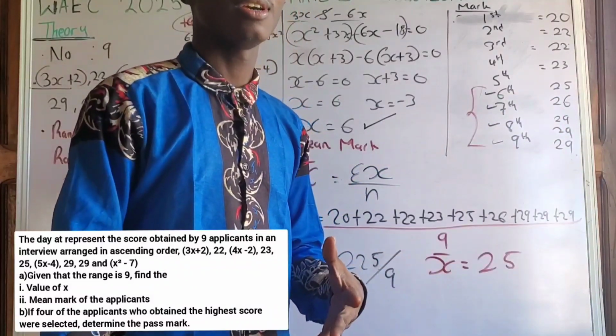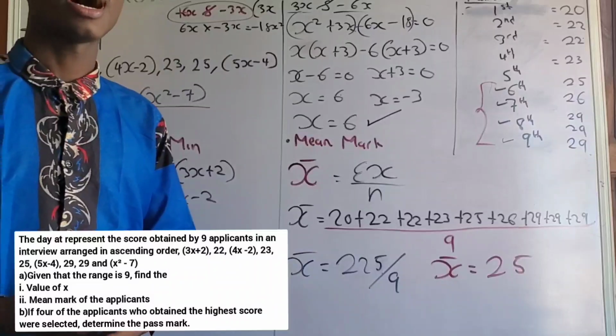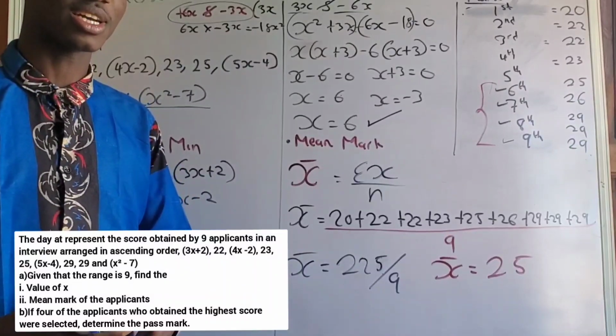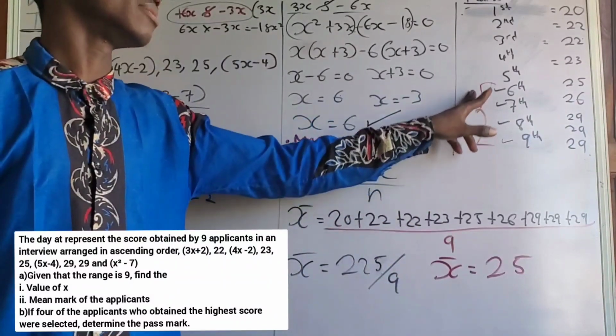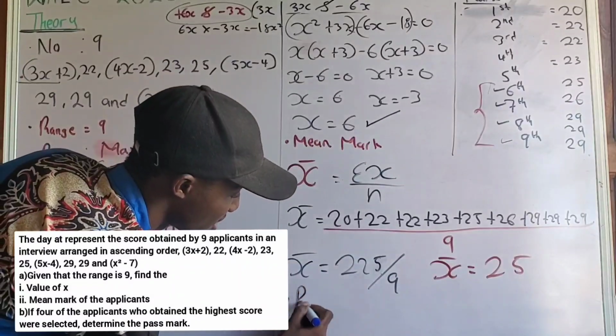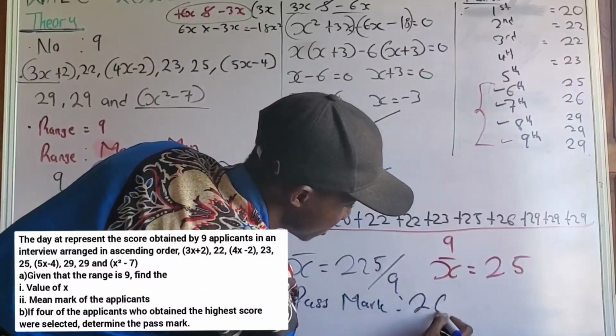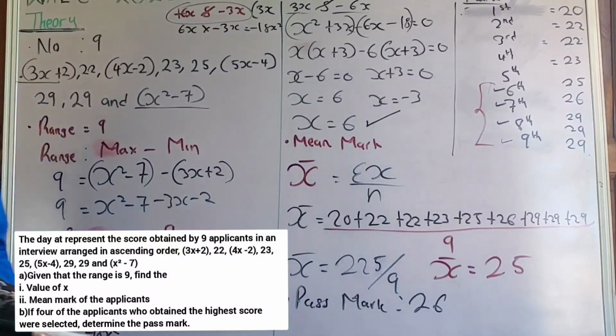Pass mark differentiates those that are actually employed and those that are not. So the pass mark, let me write it, will be 26. That is the solution to that question.